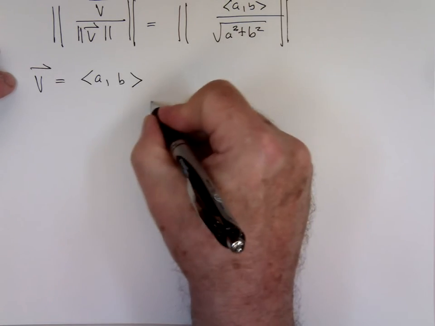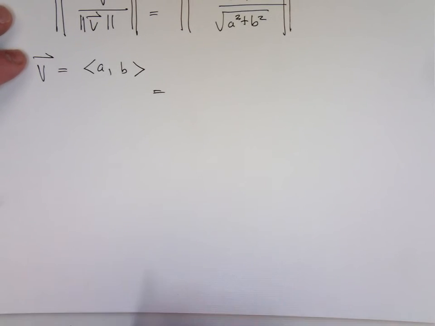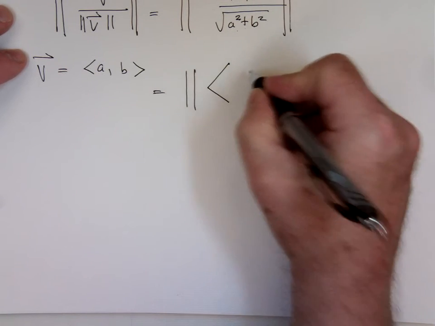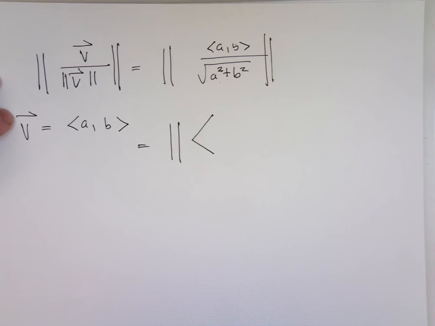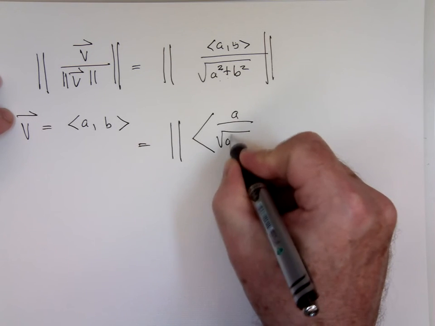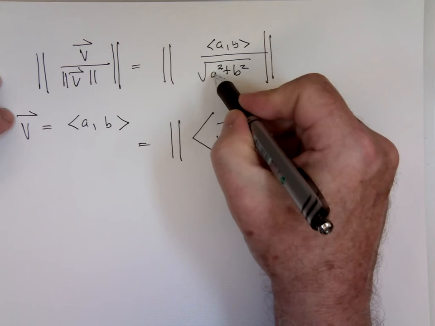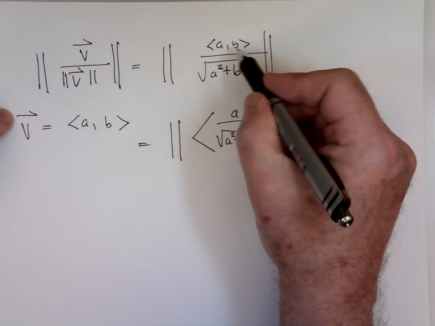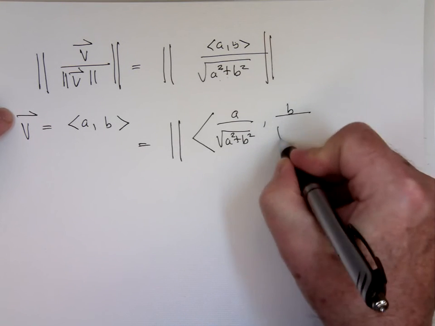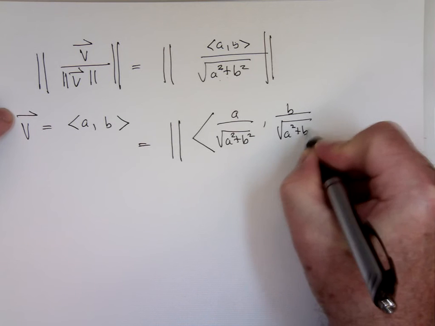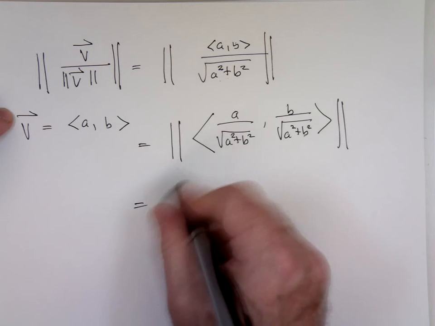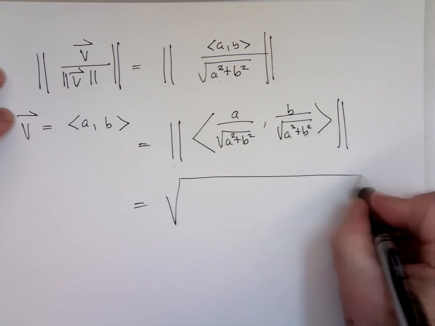You ready? I can divide each of these components by this. Okay, so I'm going to have a over the square root of a squared plus b squared, because that's what I can do when I multiply by a constant, multiply each component by that constant. I'll have the b as well. Now I've got this vector. How do I find its magnitude? I take the square root of the sum of the squares of the components.